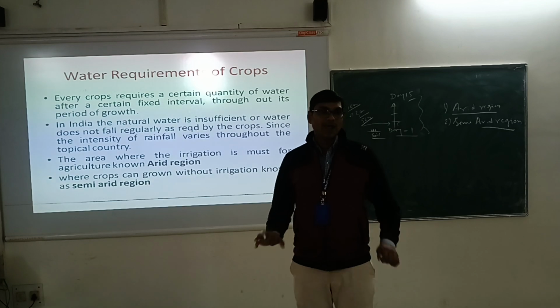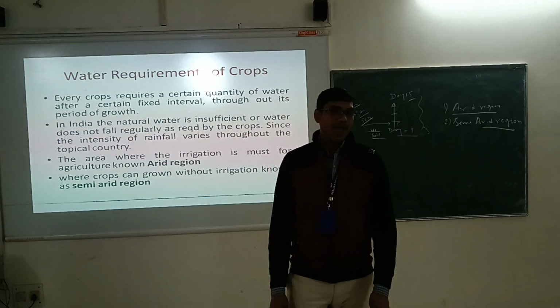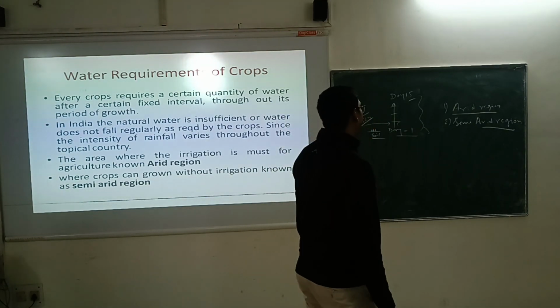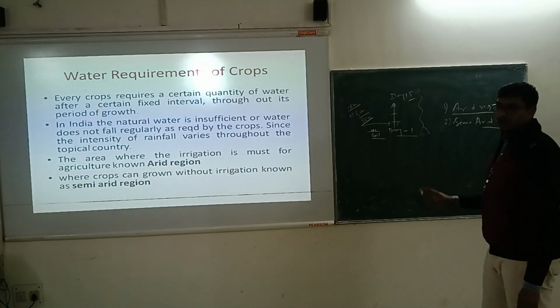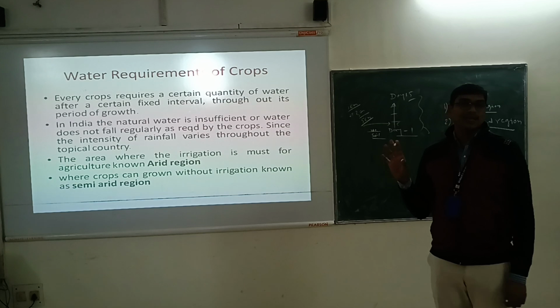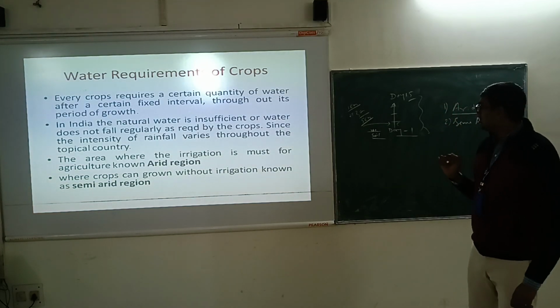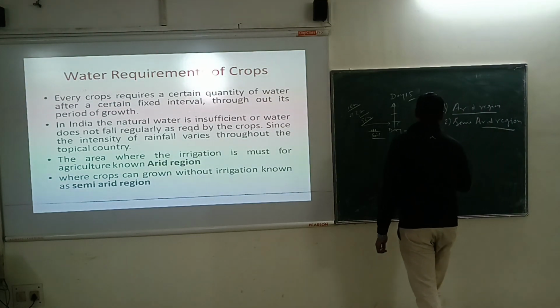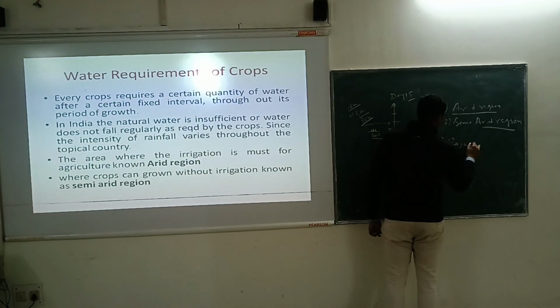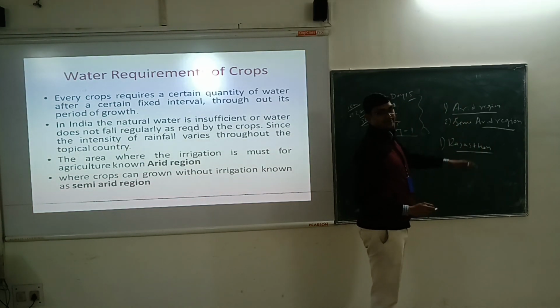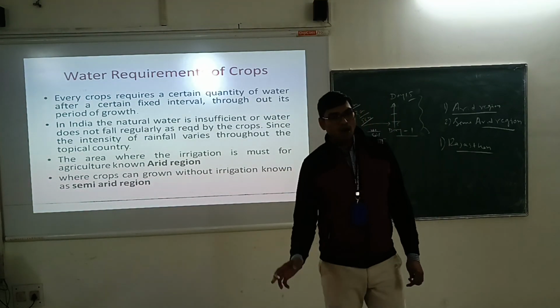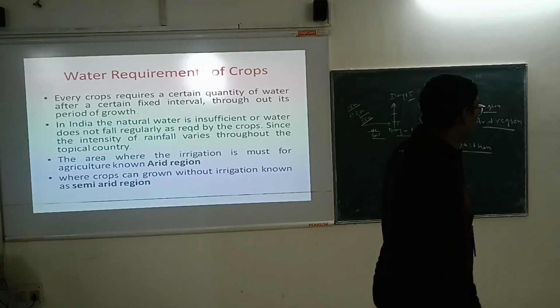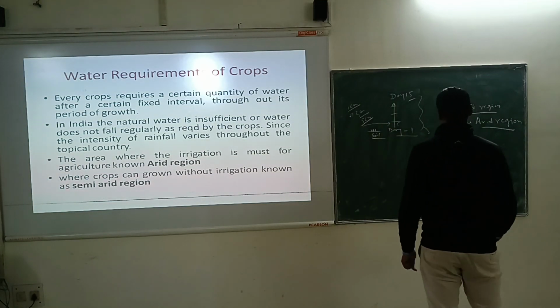That is known as the arid region. And semi-arid means where agriculture can develop without irrigation. Rajasthan is an example of an arid region. This is very important. In SSC JE or in West Bengal PSC also, this question is asked most often.